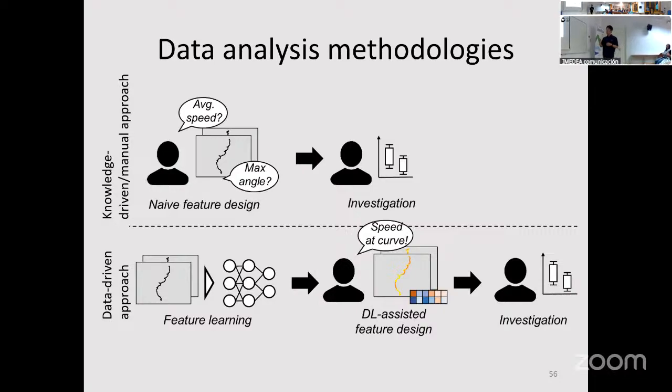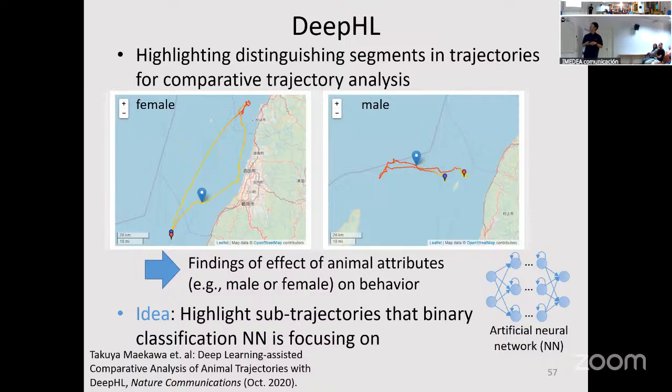As I showed, we visually present what the neural network learns, and it helps biologists propose new hypotheses. As I said, this is an example of comparative analysis. And how do we achieve this kind of visualization or highlighting?